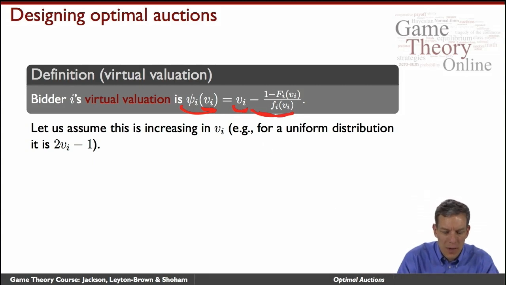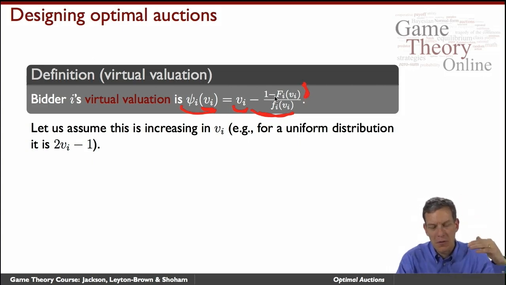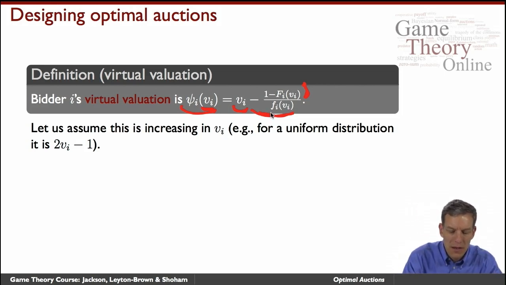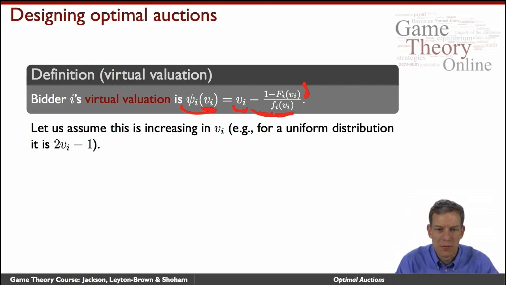What is it shaded down by? Well, it's shaded down by something which depends on how many values were above what you, what's the probability of having values above the value that you're expressing, and then adjusted on the denominator by the relative frequency with which you have the valuation that you're looking at.